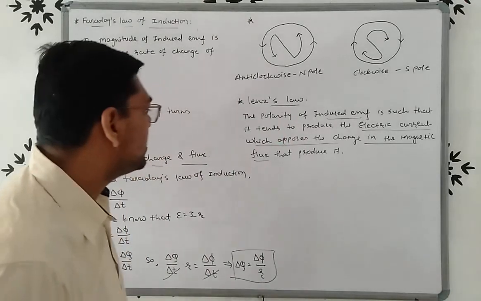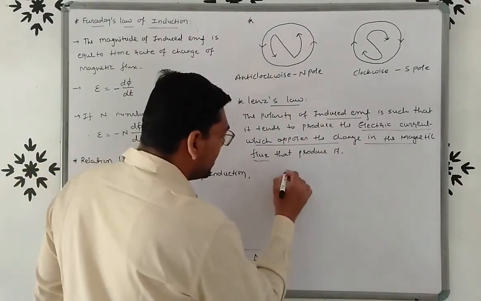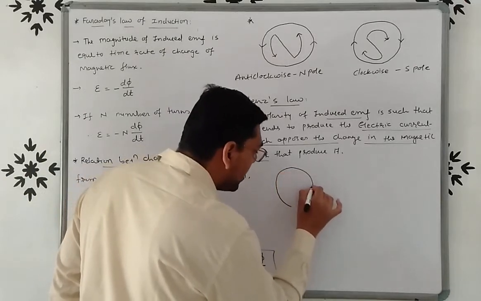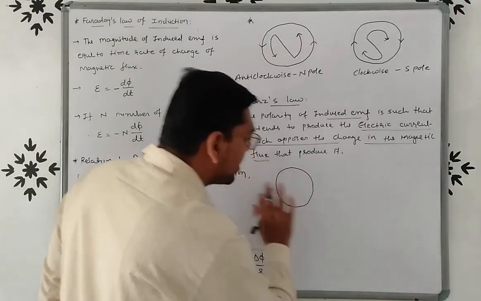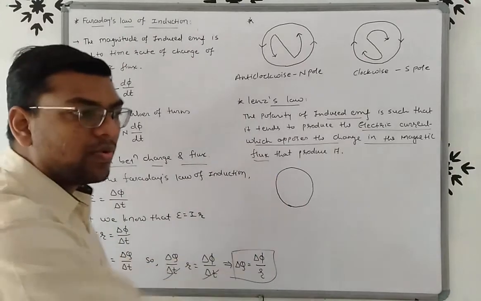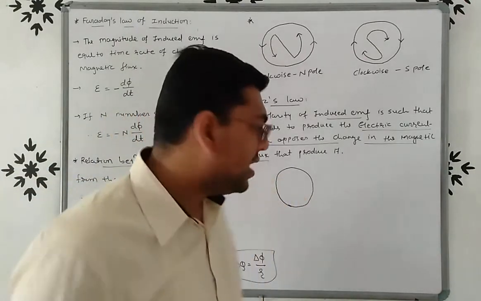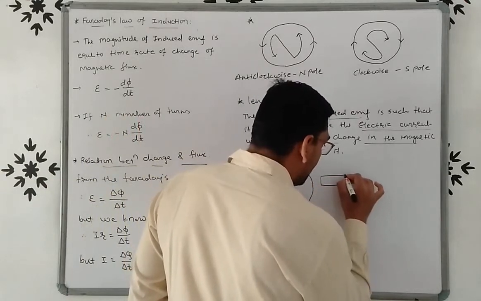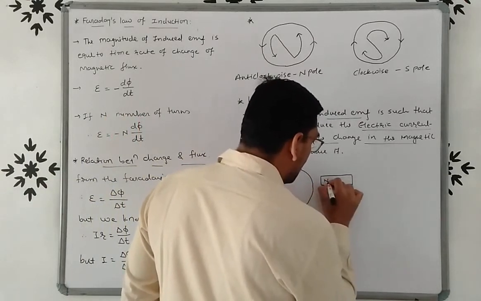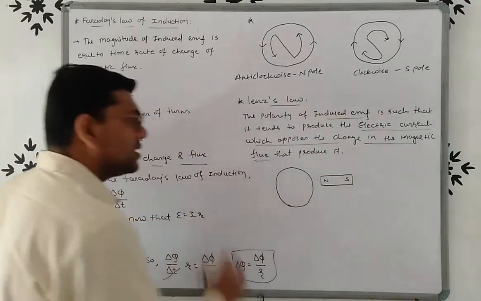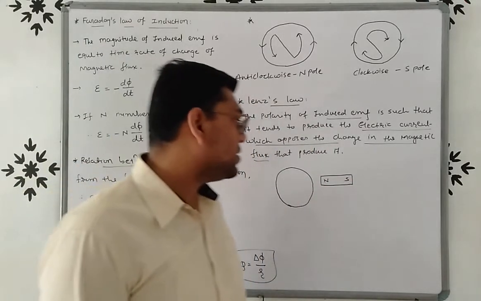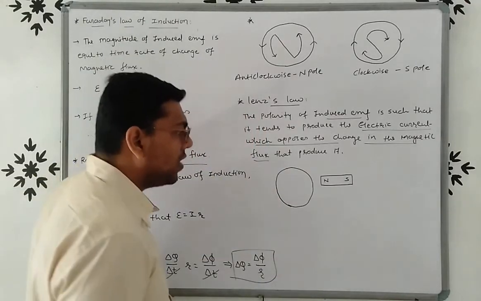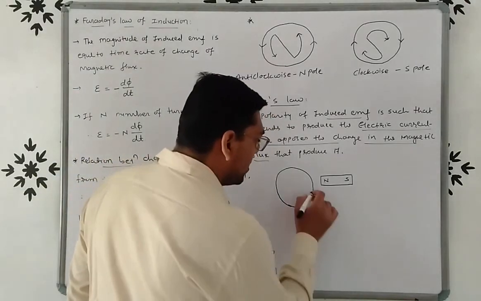Now see here friends, consider this is the side of the coil like this. Consider friends, this is the side of one coil. Now here we bring the magnet towards the coil like this. Now what happens?